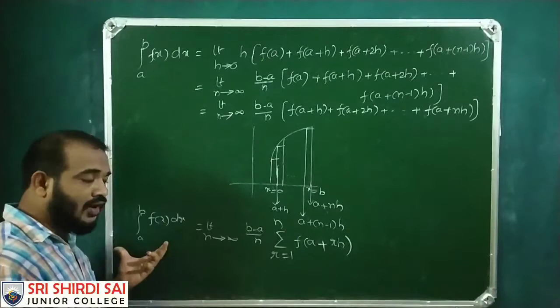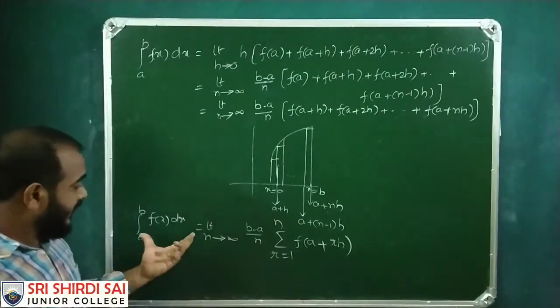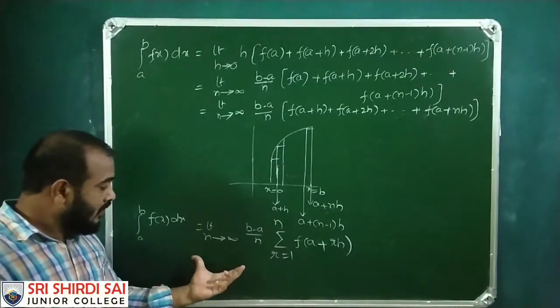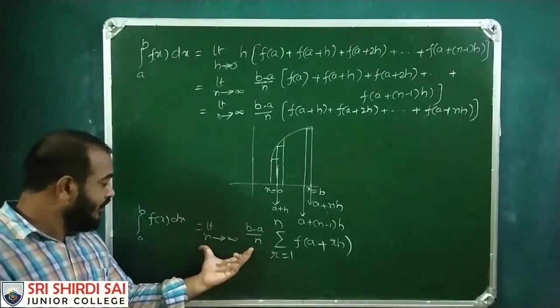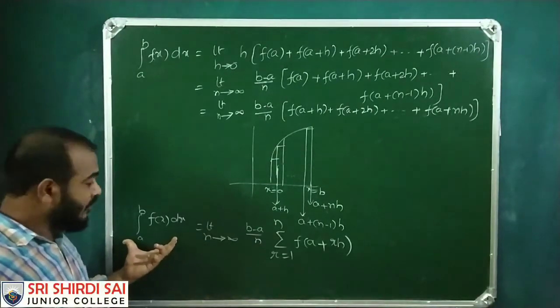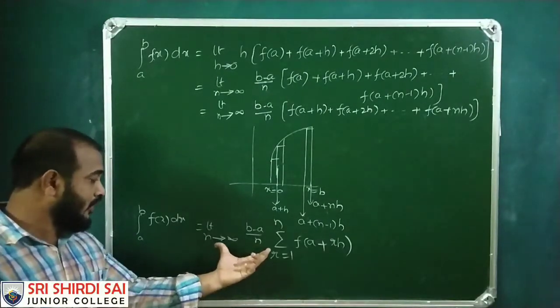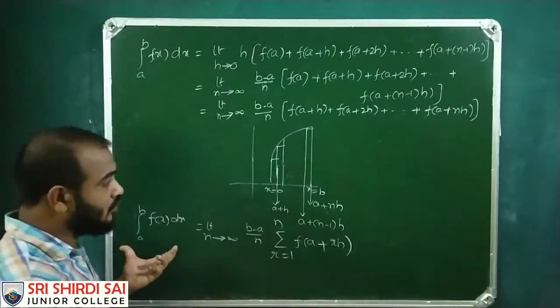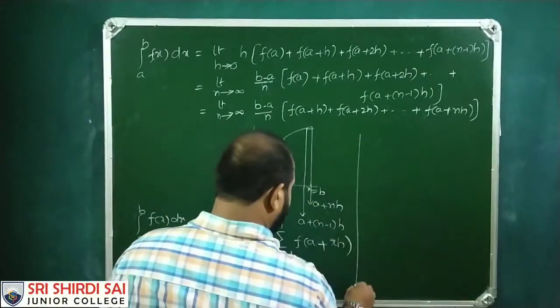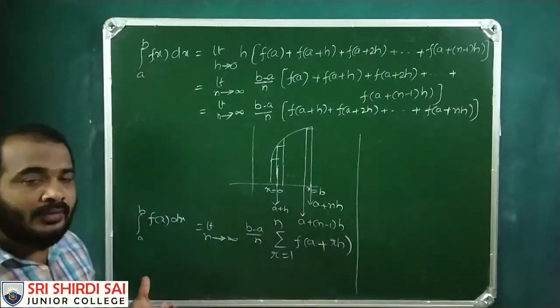So actually we are going to establish a relation between the limit of a sum, the sigma notation, and the integral. So the following 5 things have to be borne in mind.